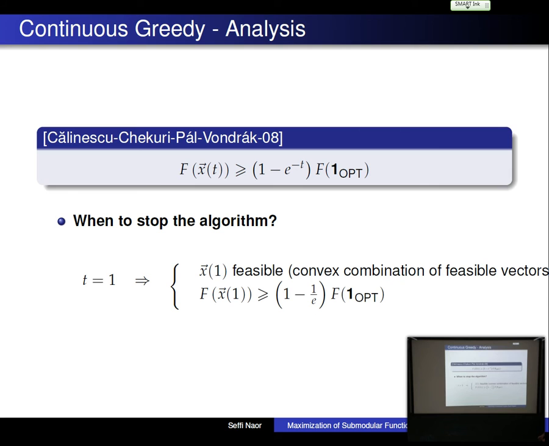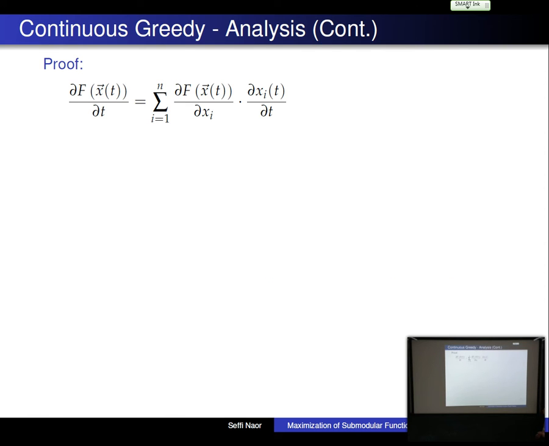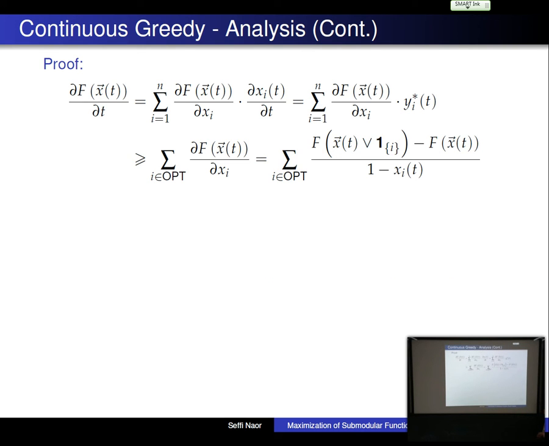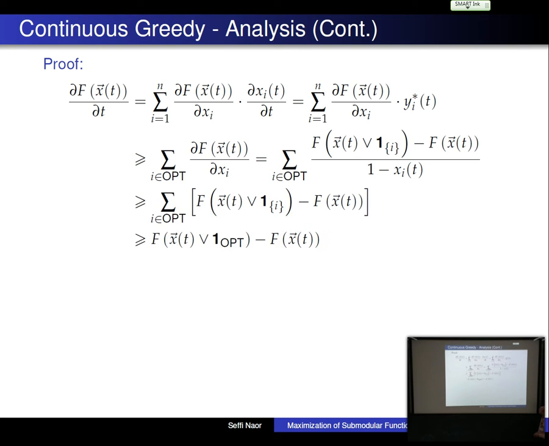Okay, let's see a quick proof of this. So we want to understand the partial derivative of f with respect to t. Let me just highlight the interesting points.